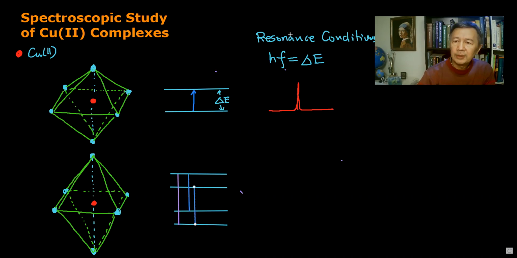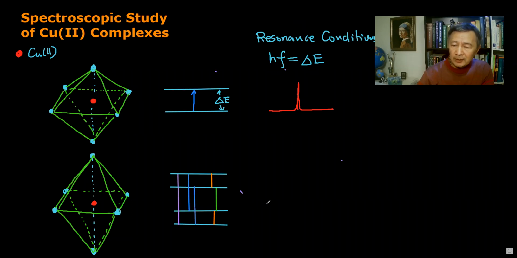Finally, we use orange to represent the longest wavelength transition. And the last one, we use green to represent a wavelength that is slightly shorter. So in this case, theoretically, we can predict more peaks.